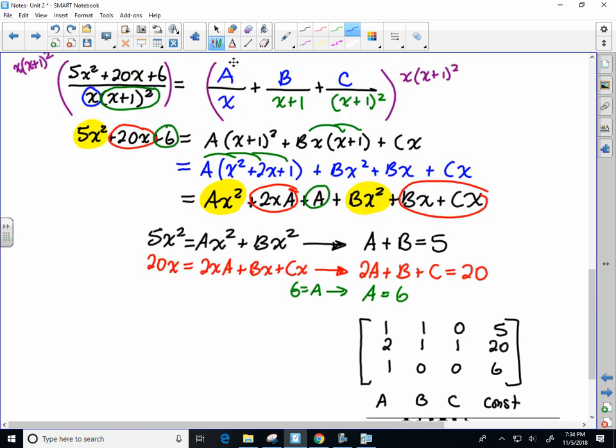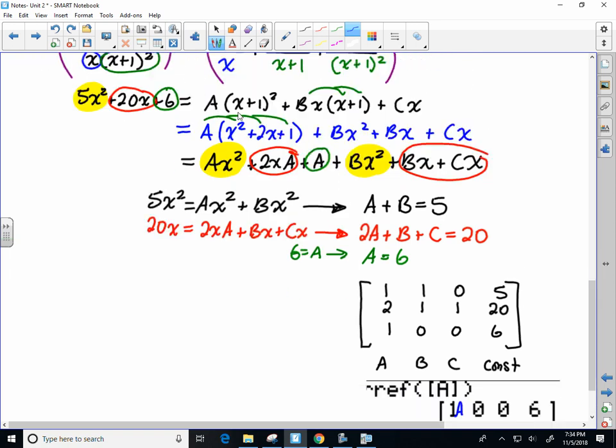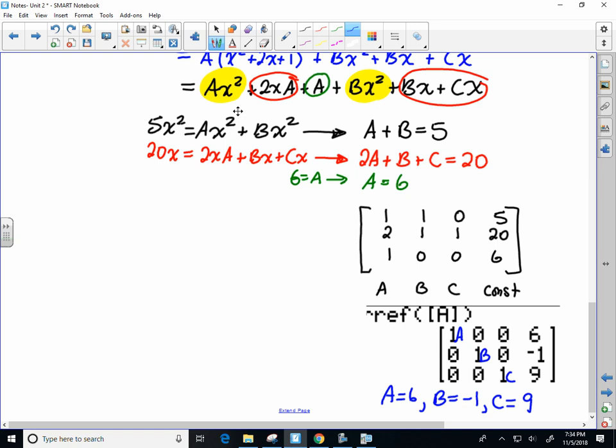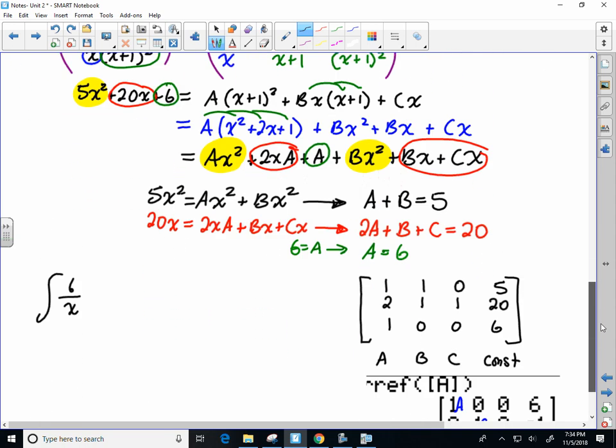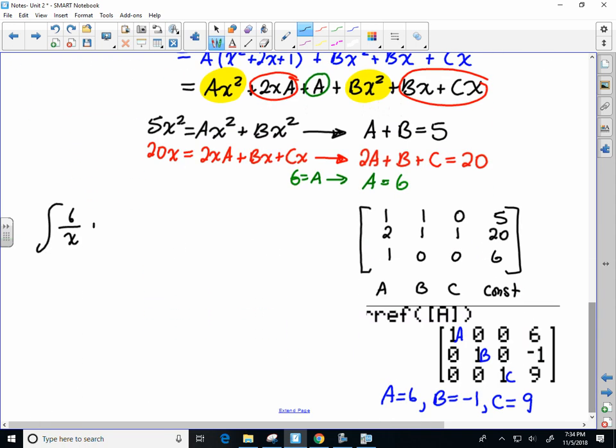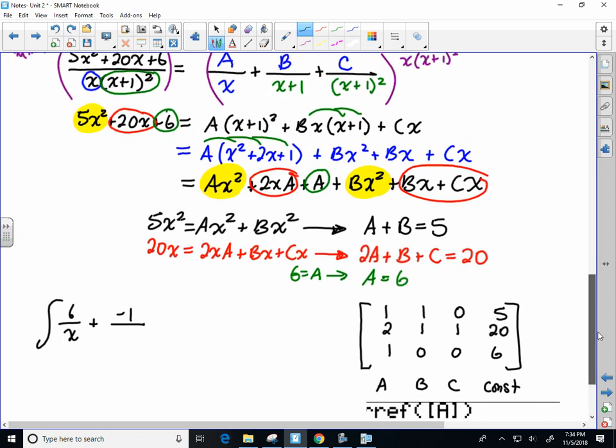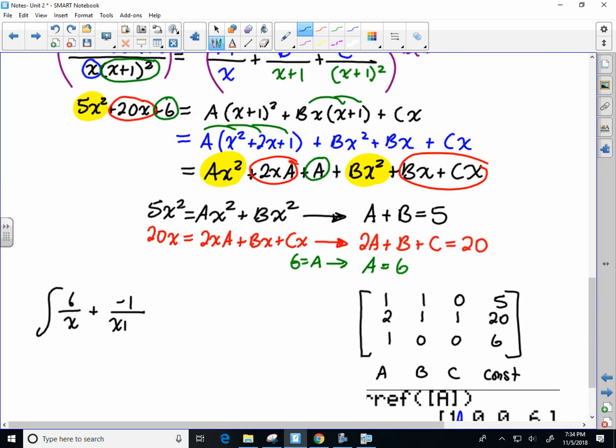So we're going back to this. I now know that the A is 6. So my new integral would be 6 over x, then -1 over x plus 1, and then plus 9 over x plus 1 as a quantity squared, dx.